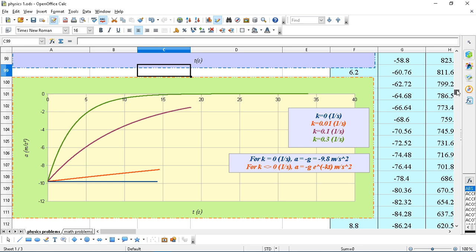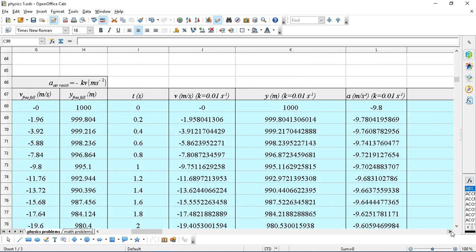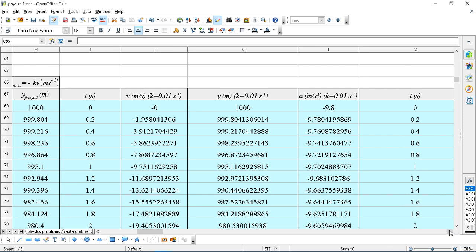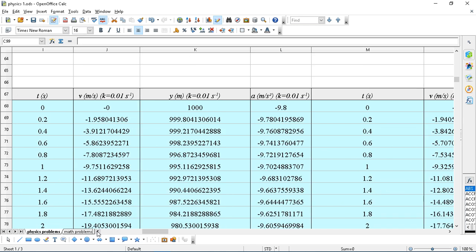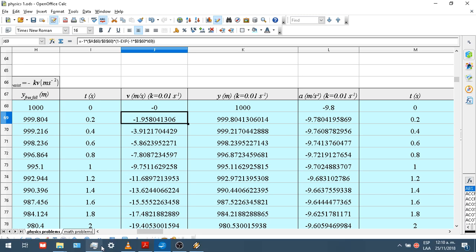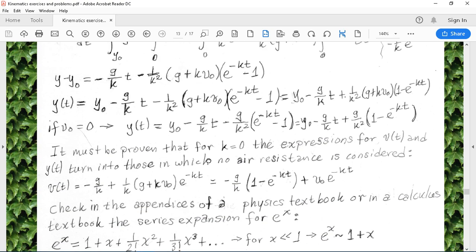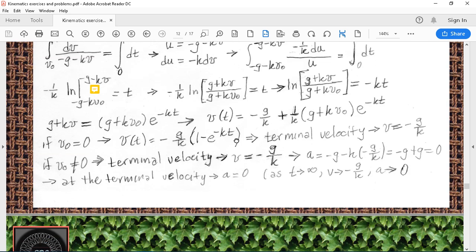For the case of air resistance with k equaling 0.011 over second, then we have these columns for the data. We can see here that we have used the equations for the velocity. In this case, this equation here, v of t equals minus g over k times 1 minus exponential of minus kt.